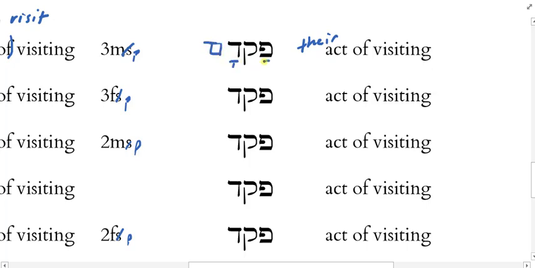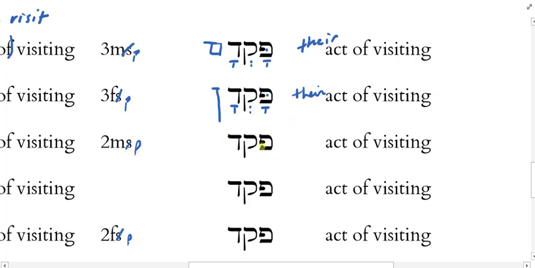So I get poke-dam. Remember, sus became susam, their horse. Poke-dam, their visiting, or their act of visiting. If it's feminine they, it's poke what? -dan, with a nun, right? Mem is masculine, nun is feminine. Poke-dam, poke-dan. Their act of visiting, and the they is female here.